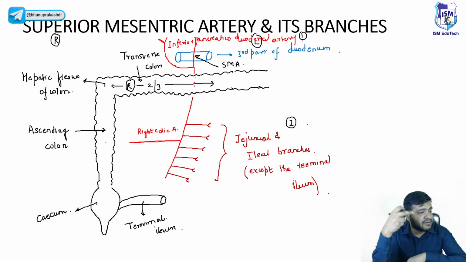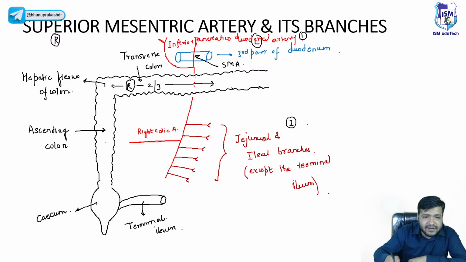So now this right colic artery, before entering into the ascending colon, will bifurcate into two parts. It will give one upper branch, I'm writing upper as U, and it will give one lower branch.